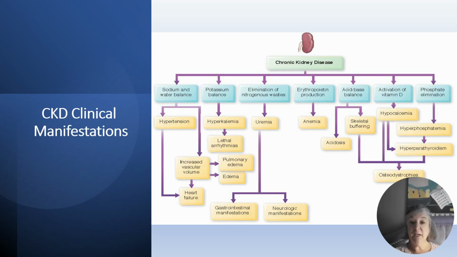Here is a nice little diagram of our clinical manifestations. Now, remember, when we have this progressive long-term damage to the kidneys, it's going to end up affecting every system in the body because sodium's off, fluid's off. We may have hypertension, likely have hypertension, which is going to affect the heart, the vessels. You can end up with pulmonary edema. Don't forget, if my potassium is off, lethal arrhythmias are my concern.